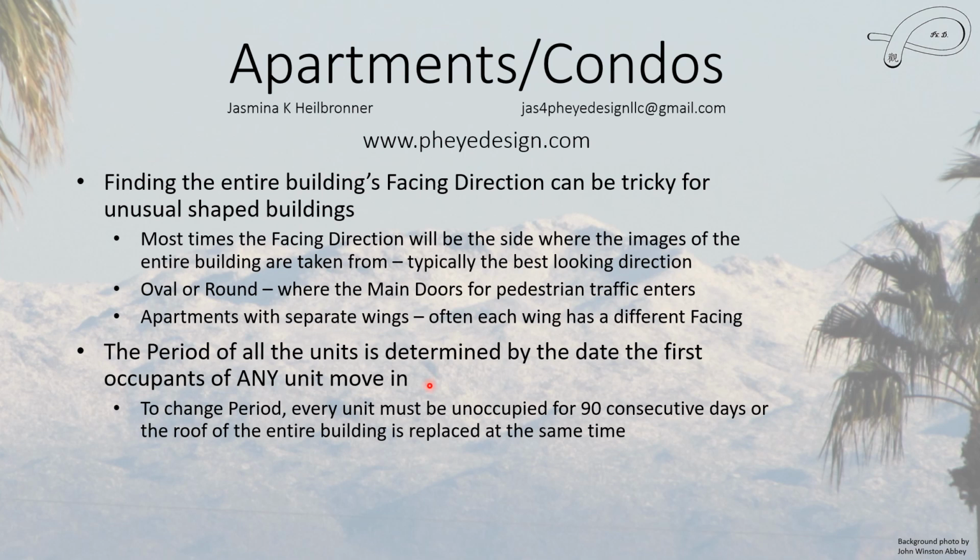Now, theoretically, you could change the period of an apartment or a condo, but basically every unit must be unoccupied for 90 consecutive days, or the entire building's roof is replaced at the same time. That is, everything is off and you're down to just the structural stuff. And oftentimes, if that happens, it's because they're actually having to replace structure.